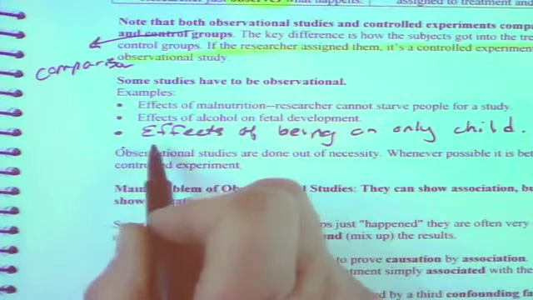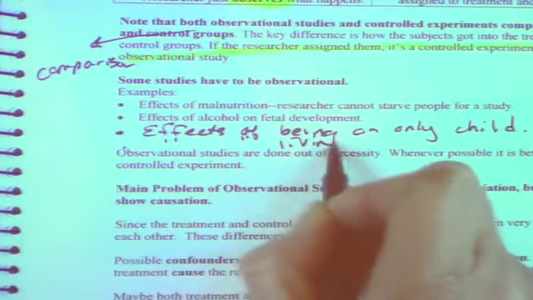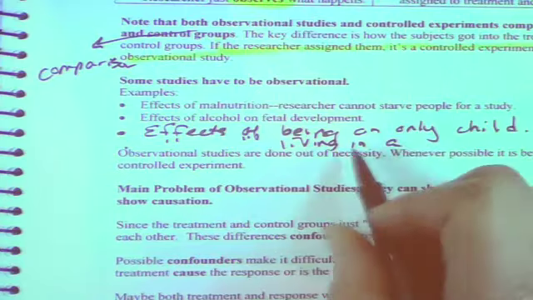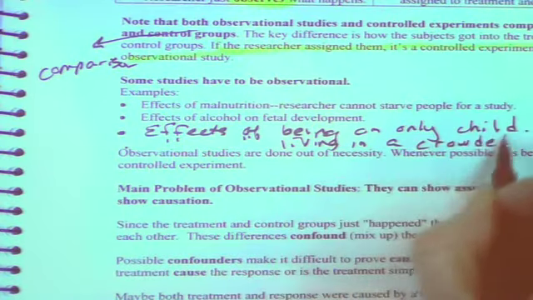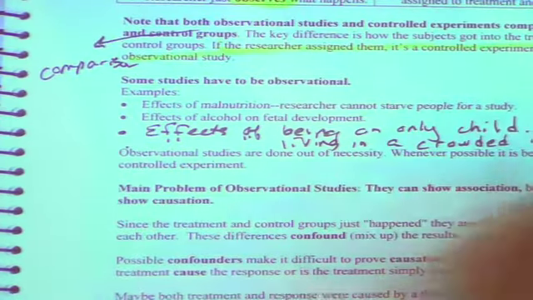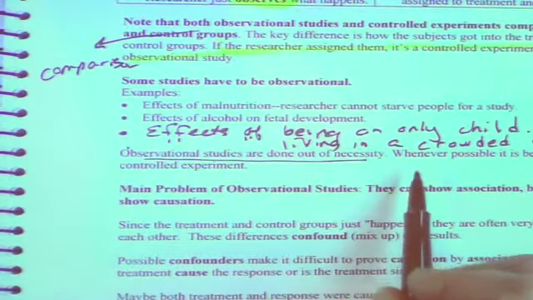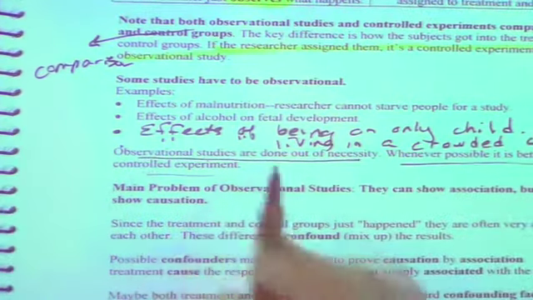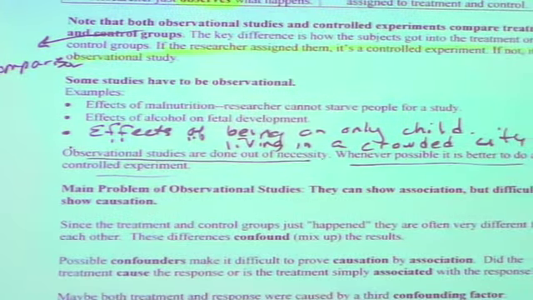You might want to study the effects of living in a crowded city as opposed to a more spacious country setting. Tons of things. Now, observational studies are done out of necessity. Whenever possible, you should always think, hey, can I turn it into a controlled experiment? Maybe, maybe not. All right.